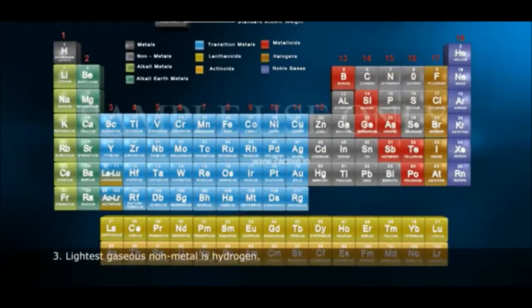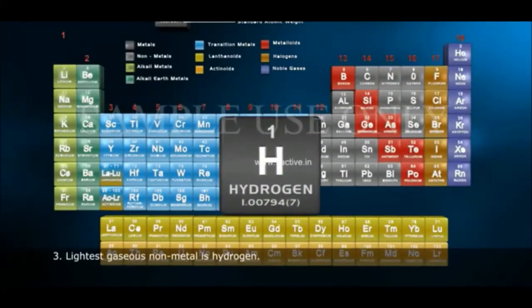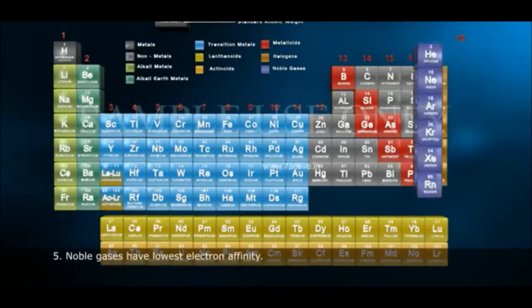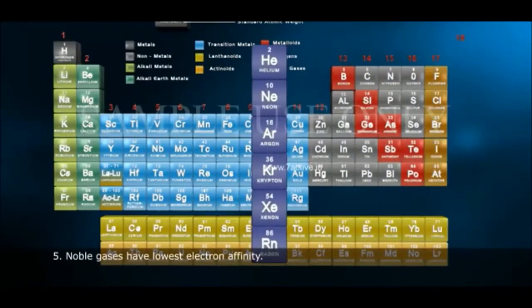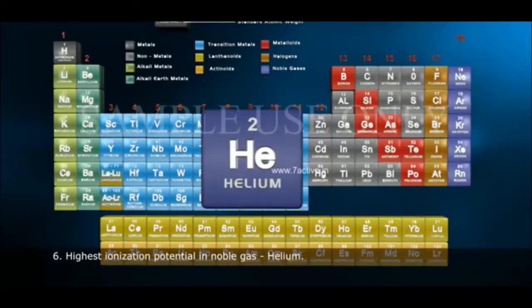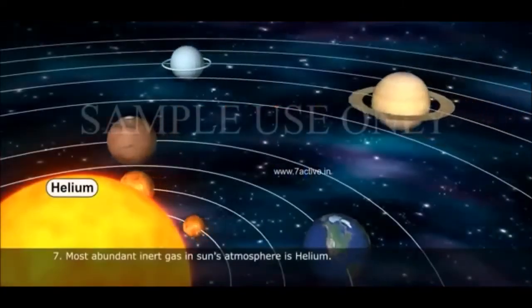3. Lightest gaseous non-metal is hydrogen. 4. Heaviest gaseous non-metal is radon. 5. Noble gases have lowest electron affinity. 6. Highest ionization potential in noble gas is helium. 7.